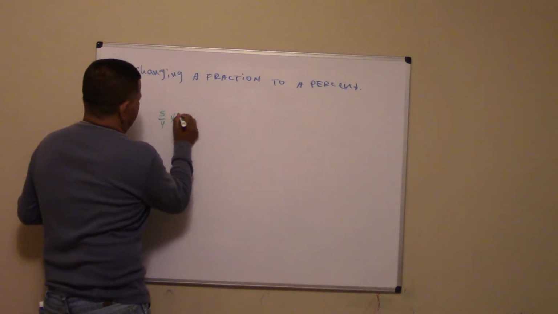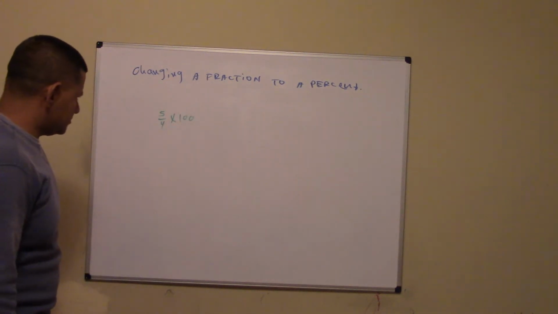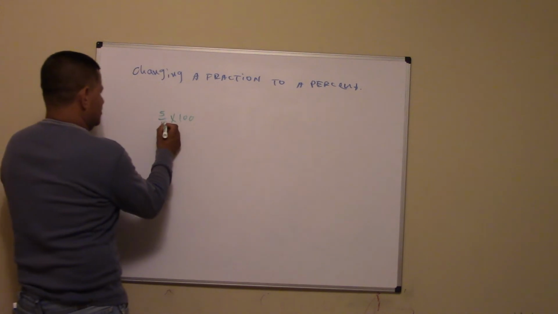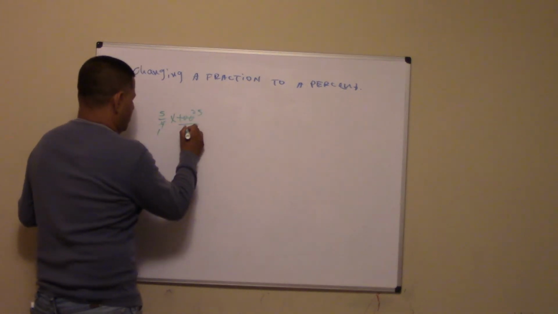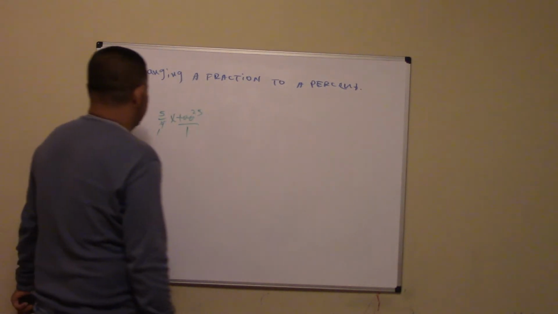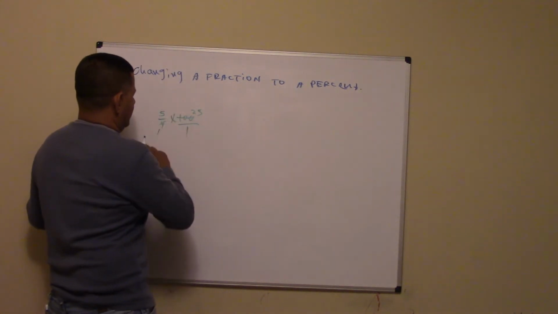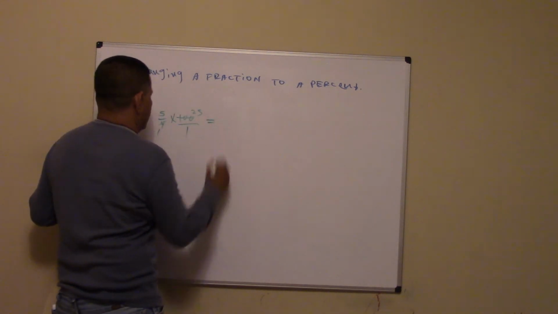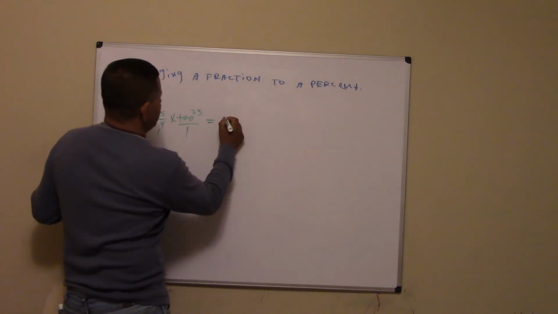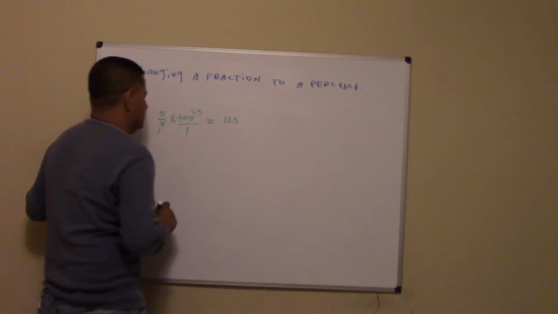Okay, so multiply that by 100, and then what you do right here, you do 1, you do 25, right? Or 1. Okay, and then you multiply that. If you multiply that number, the numerator is going to be equal to 125, right?